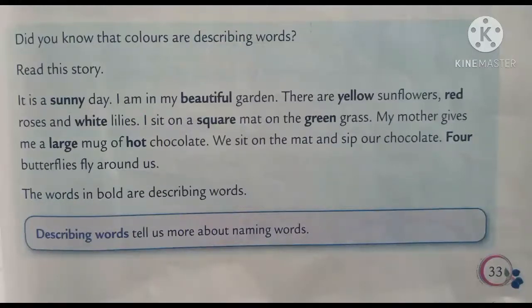Okay. So, that is why all these words: sunny, beautiful, yellow, red, white, square, green, large, hot, 4. Once again I repeat: sunny, beautiful, yellow, red, white, square, green, large, hot, 4.